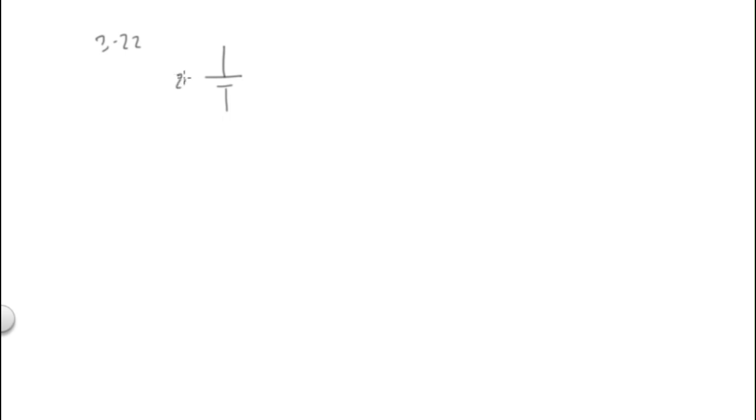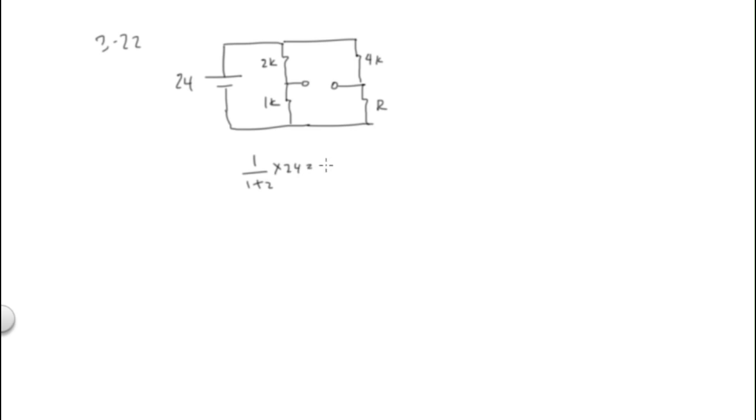24 volts. And then 2K. And 1K. Okay, come over here. And I have 4K and an unknown R. So here I have 1 over 1 plus 2 times 24, or 8 volts.